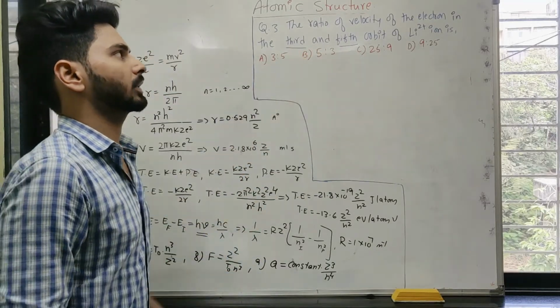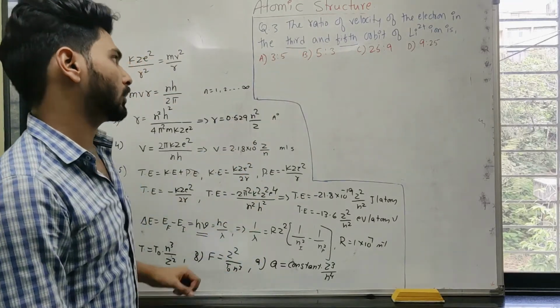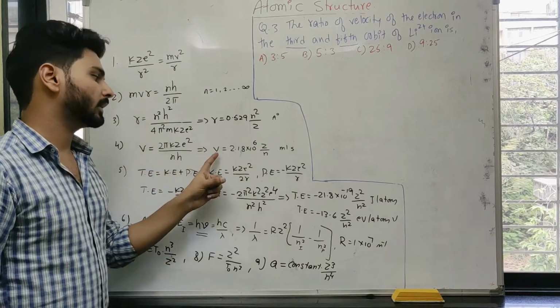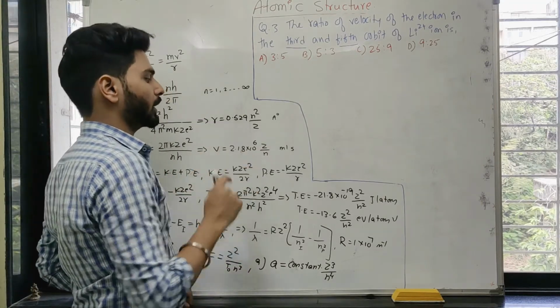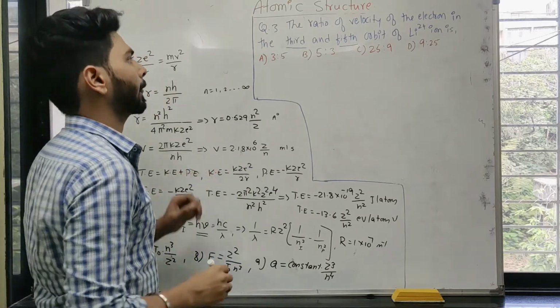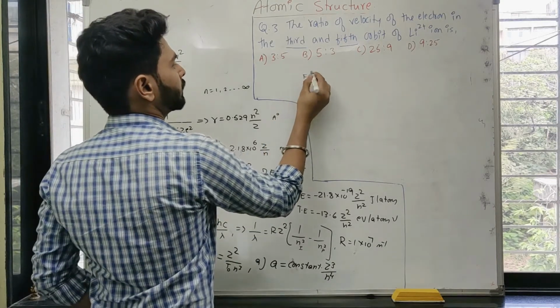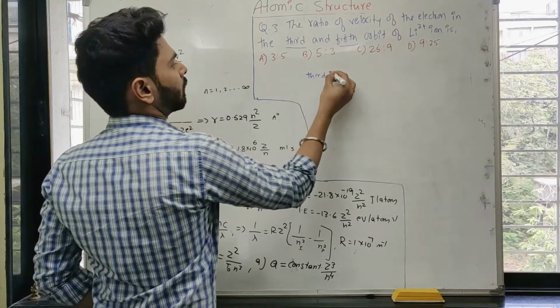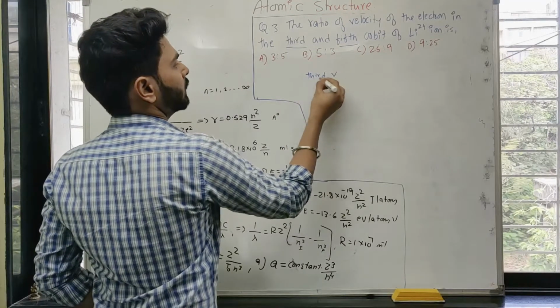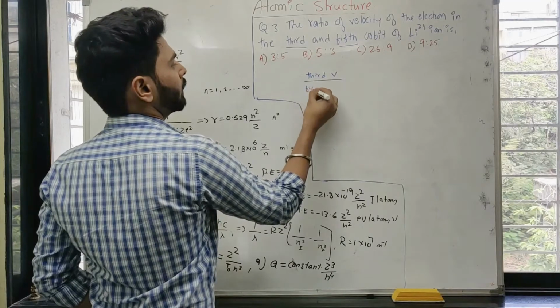Third and fifth, that ratio we have to calculate. The velocity formula we have is v equal to 2.2 into 10 raised to 6 Z upon n. So first let us keep third orbit velocity divided by fifth orbit velocity.